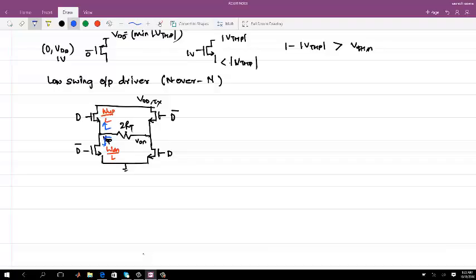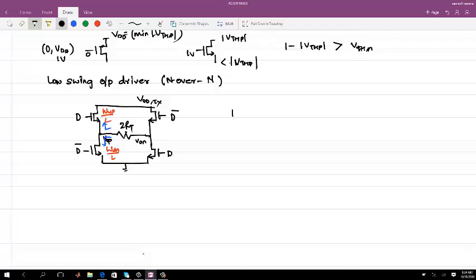So is there any question on this? Yeah, so depending on the swing, let me just say, when it operates, what's the case?